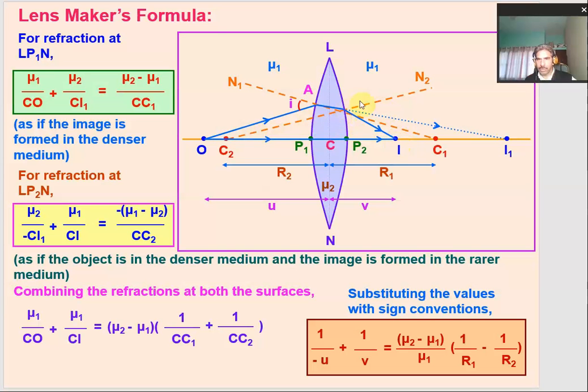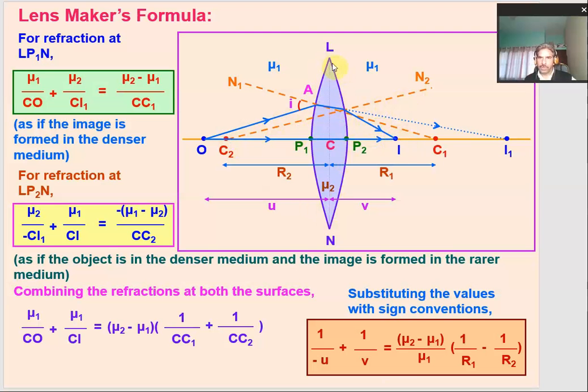This is the normal C2 N2 at this surface. Whenever a light ray goes from denser to rarer medium, it bends away from the normal. So by bending away from the normal, it is meeting at a closer point I.